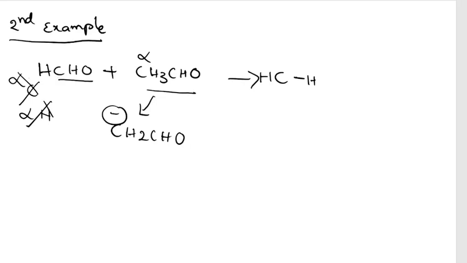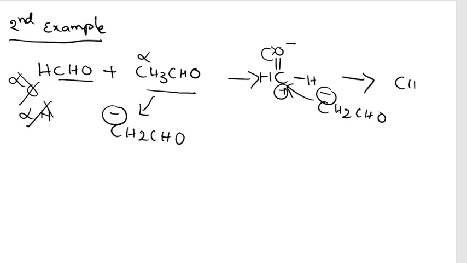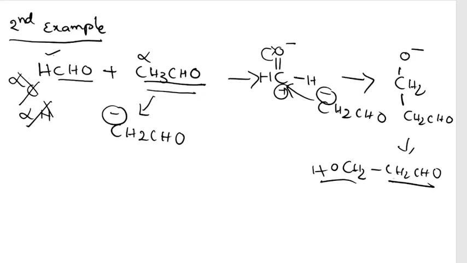This O minus. Suppose this double bond is shifted onto the oxygen, the positively charged carbon atom will be attacked by the nucleophile CH2CHO minus, so that you will get CH2, the CH2O minus, and then CH2CHO, right? Here, in the case of acetaldehyde, one of the hydrogens is replaced by this CH2OH.